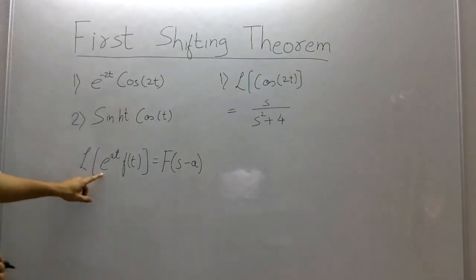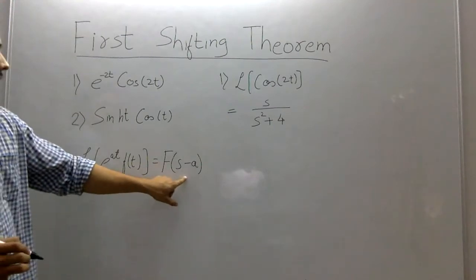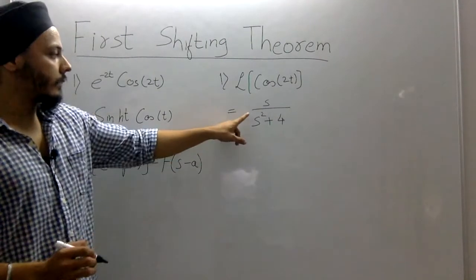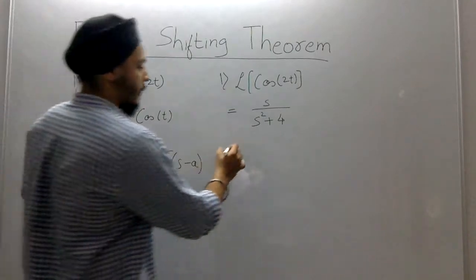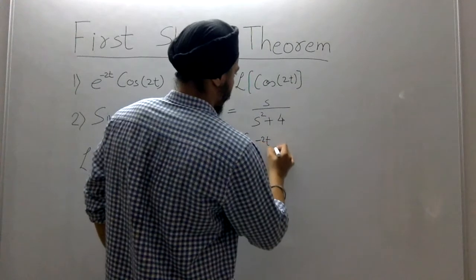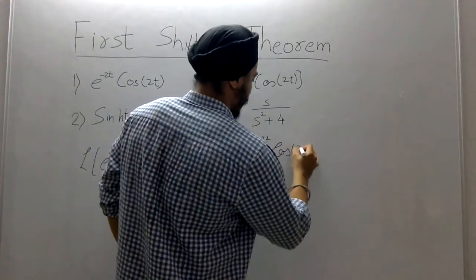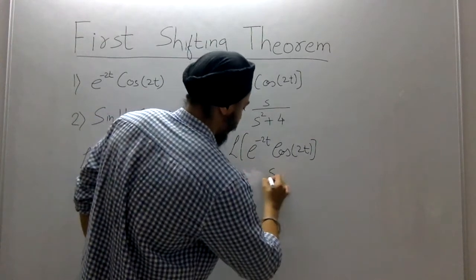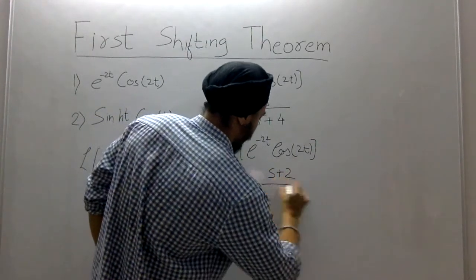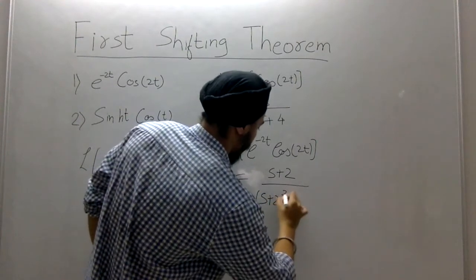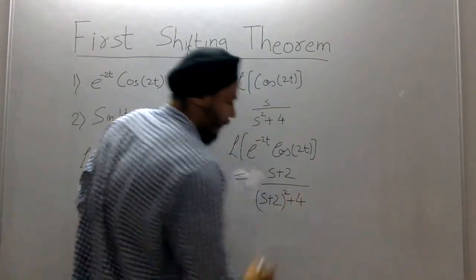So for e to the power at f of t, it becomes F of s minus a. Here our a is minus 2, so s becomes s plus 2. So Laplace of e to the power minus 2t cos 2t will become (s plus 2) over (s plus 2) whole square plus 4.